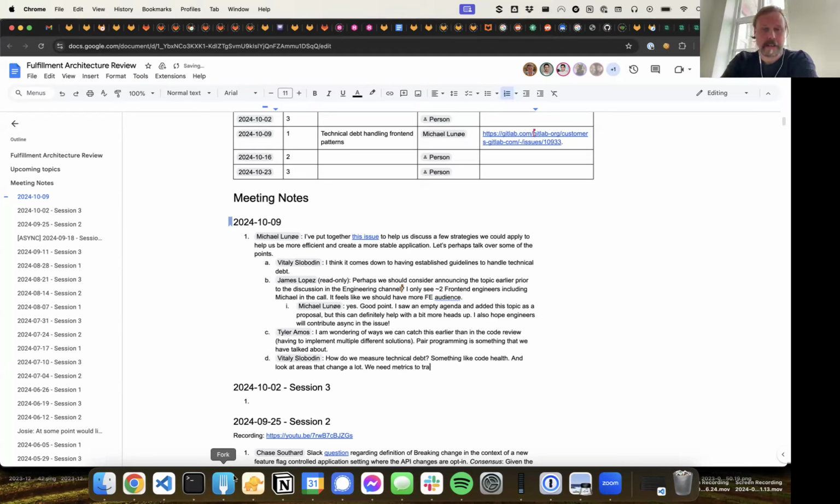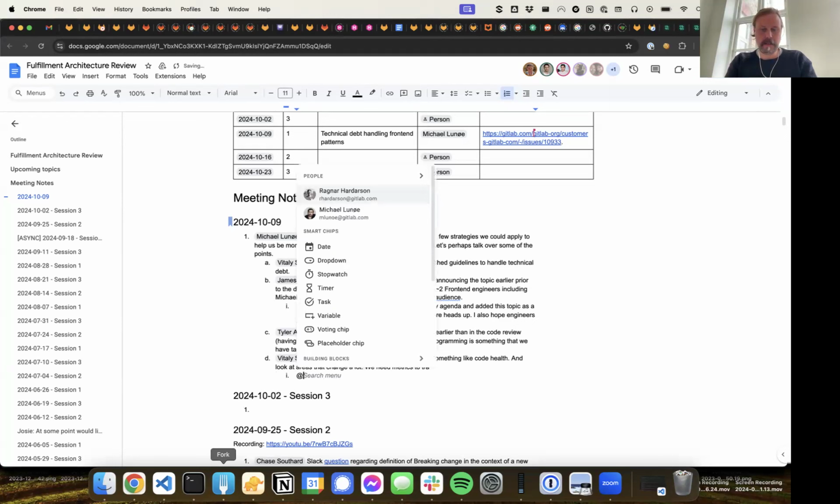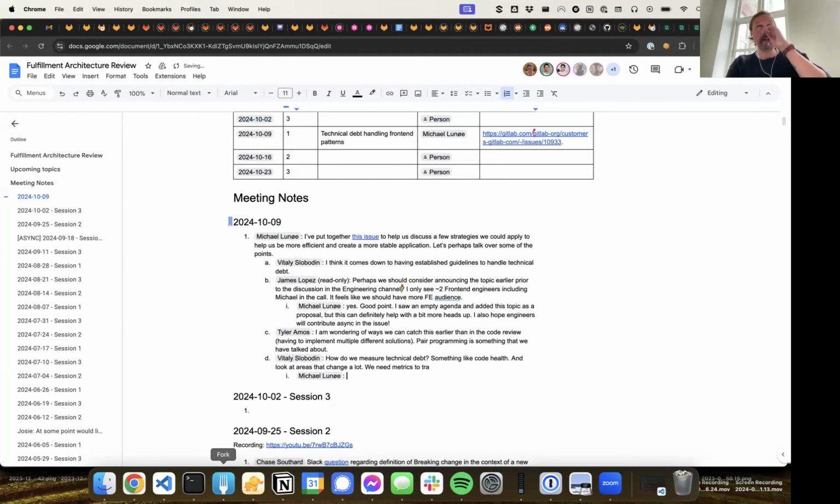Yeah, I think that's a really good point. To add in some metrics, I will definitely take a look at that. Some of my thinking around this is that we will never be rid of technical debt. It will always reside in our code base, and I think it's a utopia to think that we'll ever be rid of it.